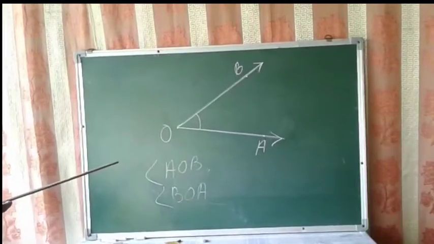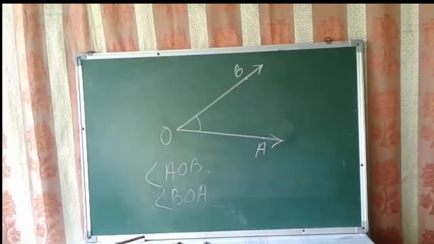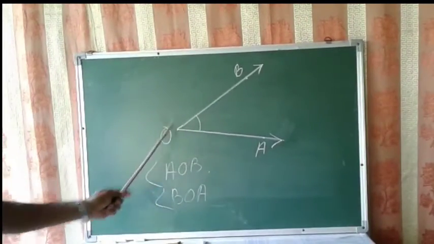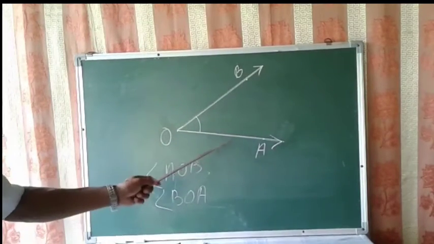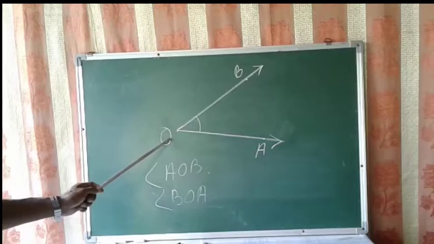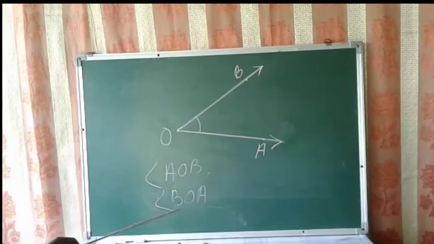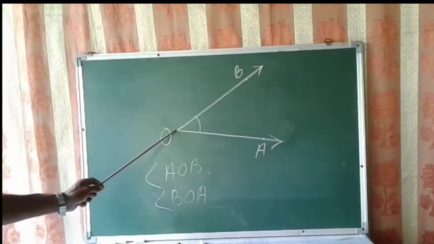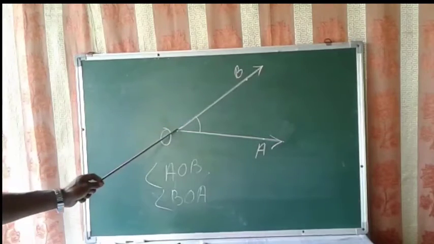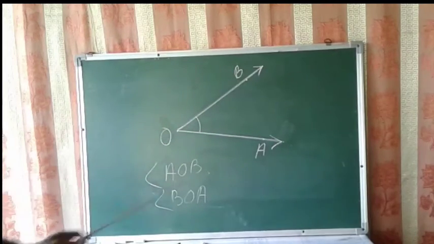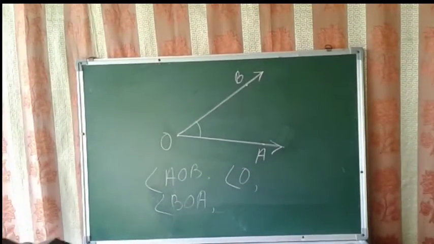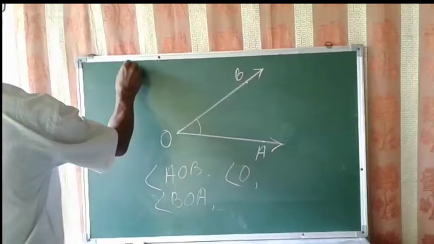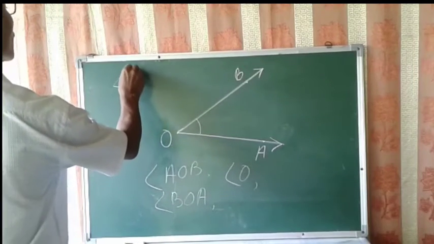O is its vertex. OA and OB are called arms of the angle or sides of the angle, and O is called the vertex. So, the vertex is the common point of the two arms. Now, the symbol of an angle is this one.